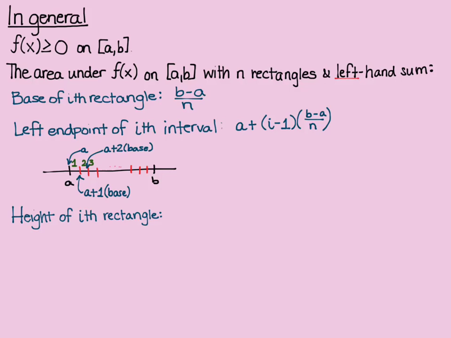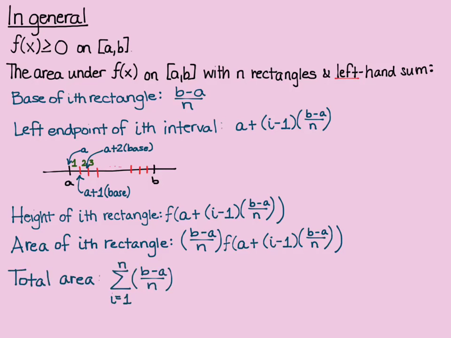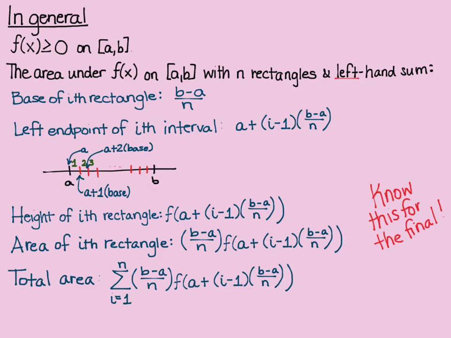The height of the ith rectangle then is f of the left endpoint, and the area of the ith rectangle is the base times the height. The total area is then the sum as i goes from 1 to n of the base times the height. And finally, if we wanted the exact area, I could take the limit as n goes to infinity.